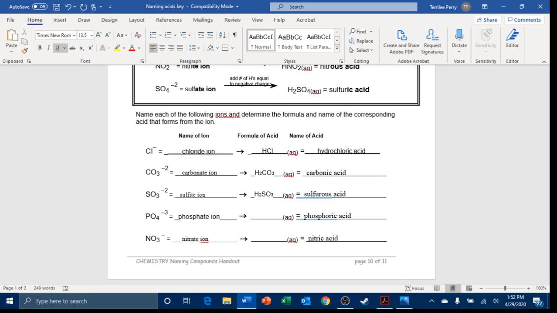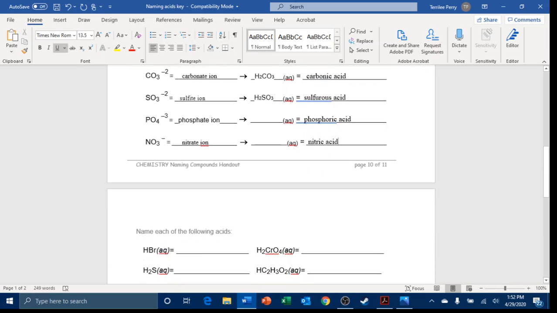Okay? So that's pretty much what you have to do. You have to look at the ion chart and figure out which anion you're looking at. Find out, is it binary or an oxyacid? Sorry, oxyacid. And so you know how to construct the name.